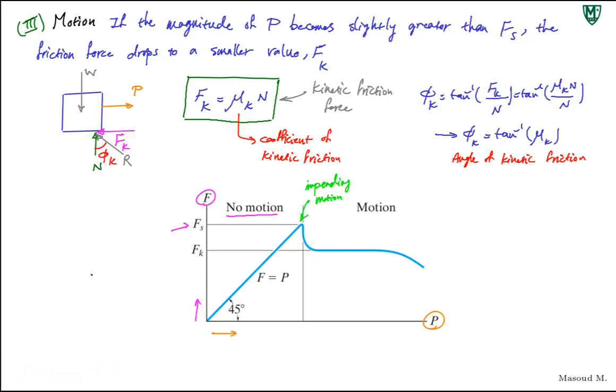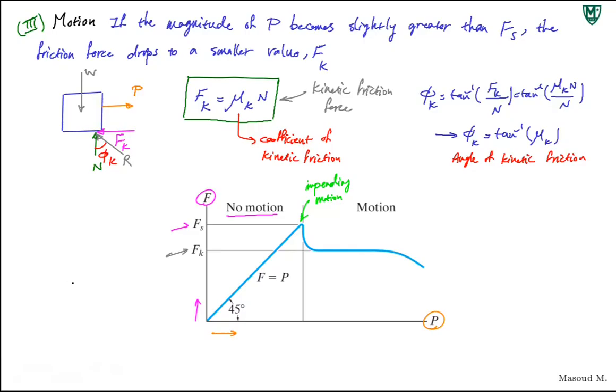And after that moment, if you keep increasing force P, your rigid body, your system, in this case the box, starts moving, and then friction drops, and we represent that with Fk as kinetic friction force, right there.